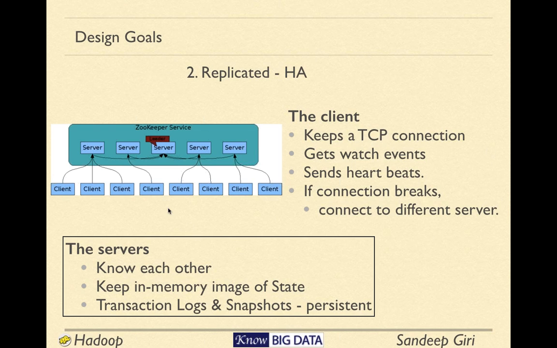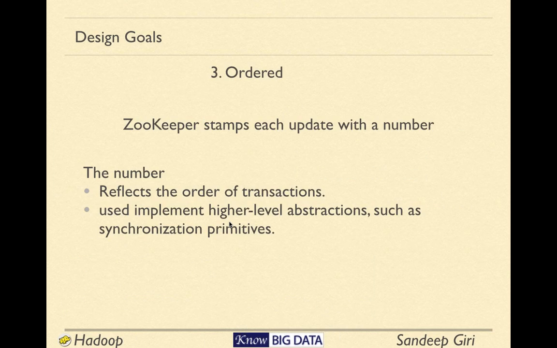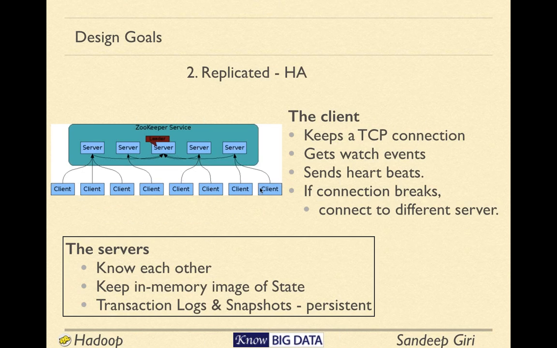Okay, now these servers know each other very well, in the sense that they keep in-memory state. We'll talk about how this whole server thing works. Okay, so here it's highly available, and I'll give you the brief that out of these servers there is one writer.